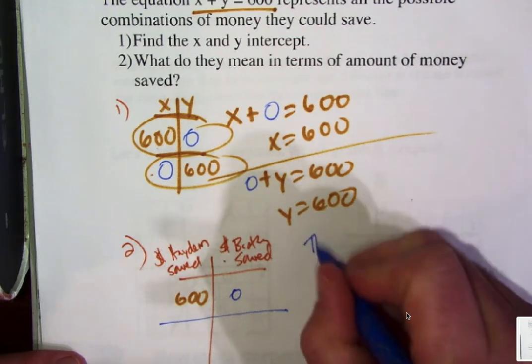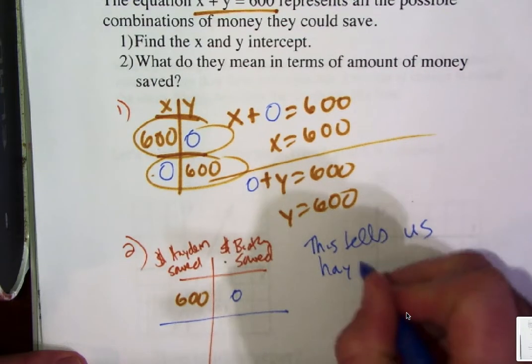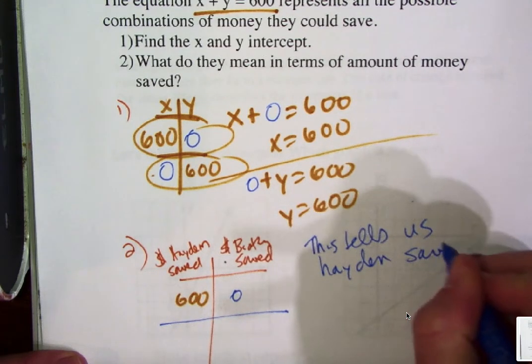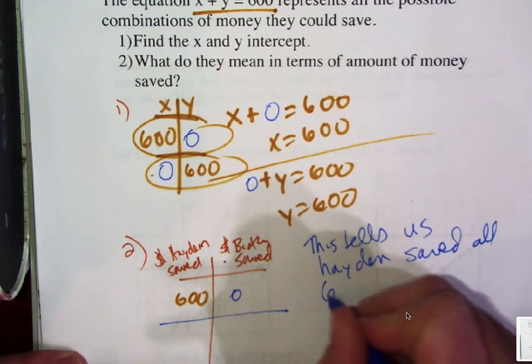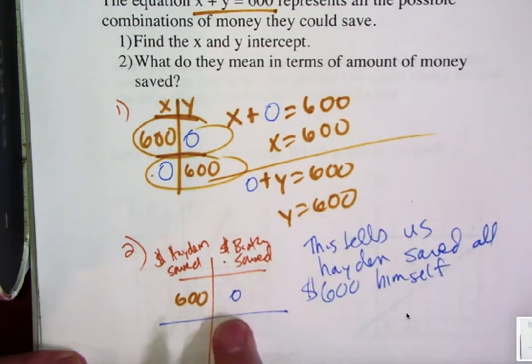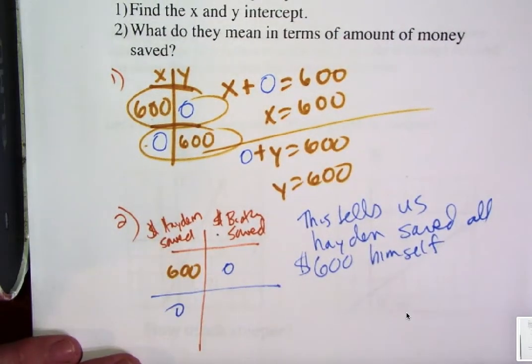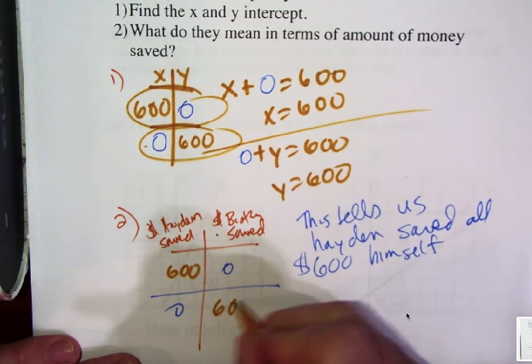Well, this tells us Hayden saved all 600 himself, right? His brother saved nothing. What does the other intercept, the y-intercept, tell us?